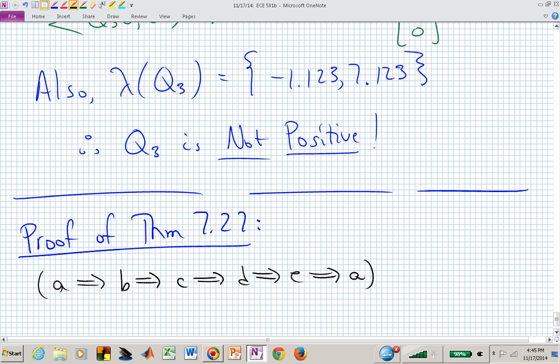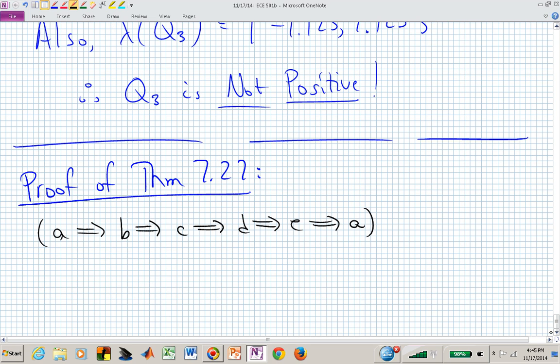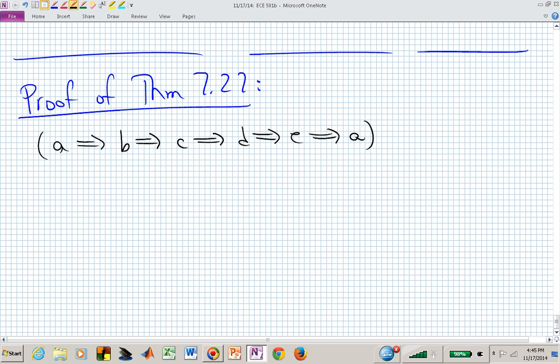That's what I'm wanting to do. A implies B, implies C, implies D, implies E, implies A. So let's start at the first. Let's show that A implies B.